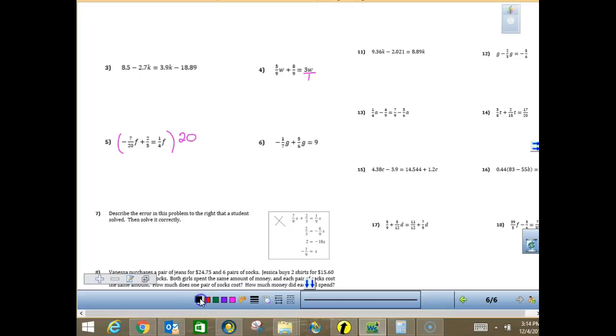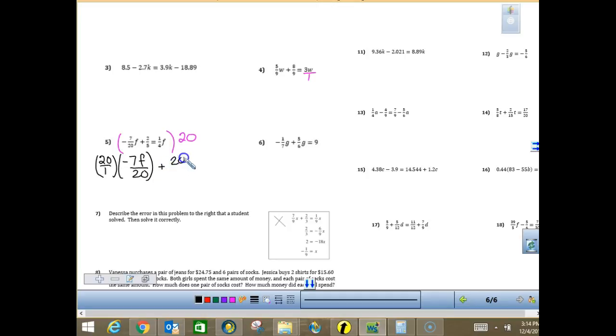So I'm going to take 20 over 1 times negative 7, put the f in the numerator over 20, right? Wherever that variable is, move it to the numerator.